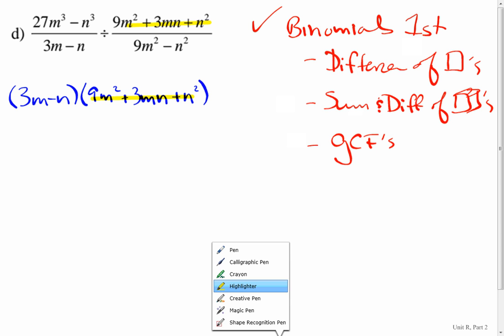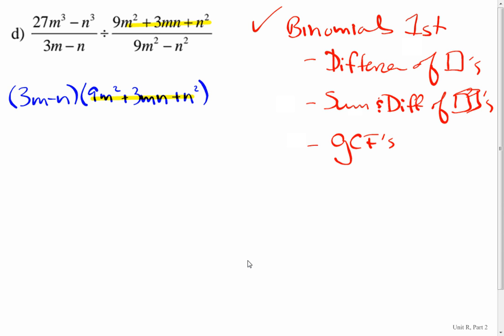Also, you just remember it. But anyway, then this will be over the 3m minus n. Oh, look, another thing is going to go away. Right here, we've got a difference of perfect squares, so that's going to go in my numerator, because again, we're dividing.